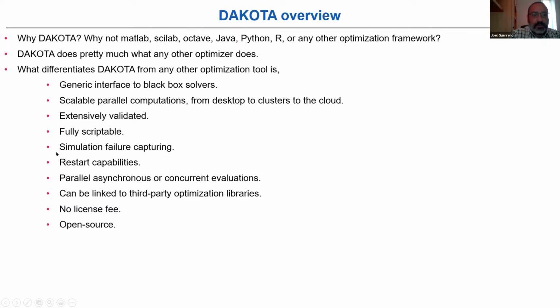It has simulation failure capturing capability, so if at any point your simulation crashes, you get a report, a log file, and you will be able to restart from a working simulation state. It has these restart capabilities, and it can be linked to third-party optimization libraries. These are the main reasons.